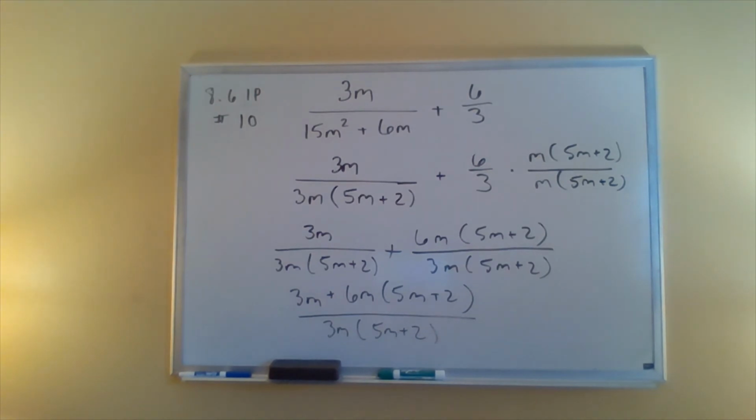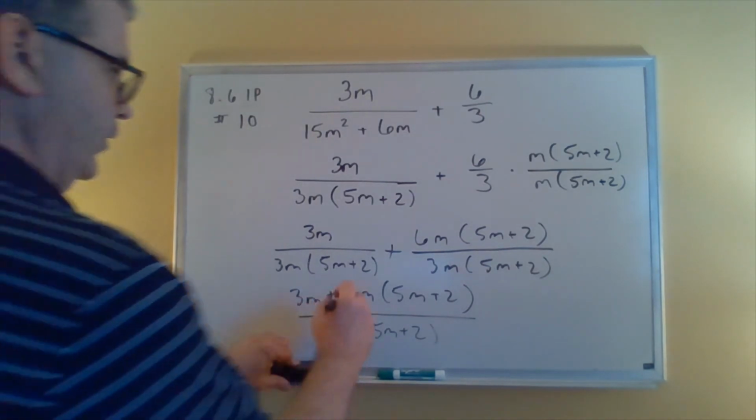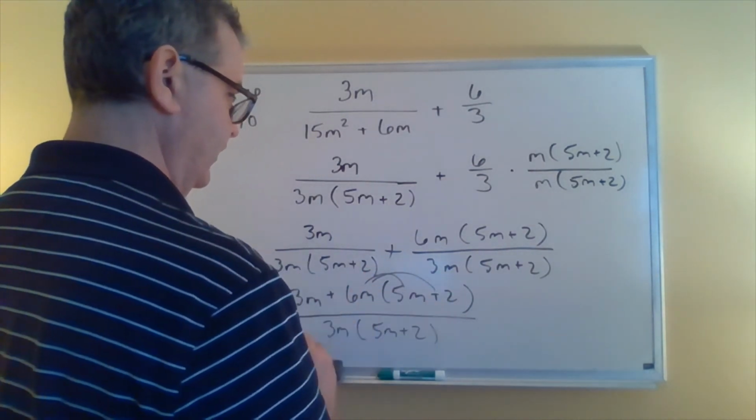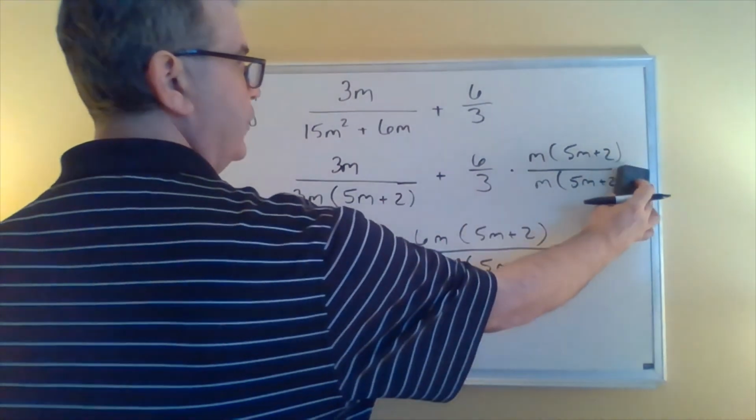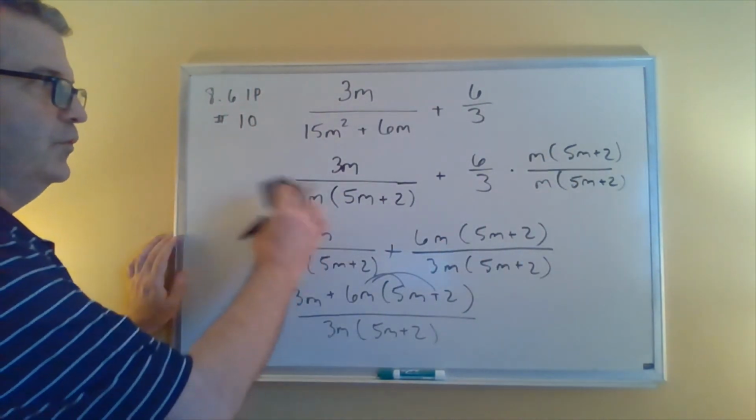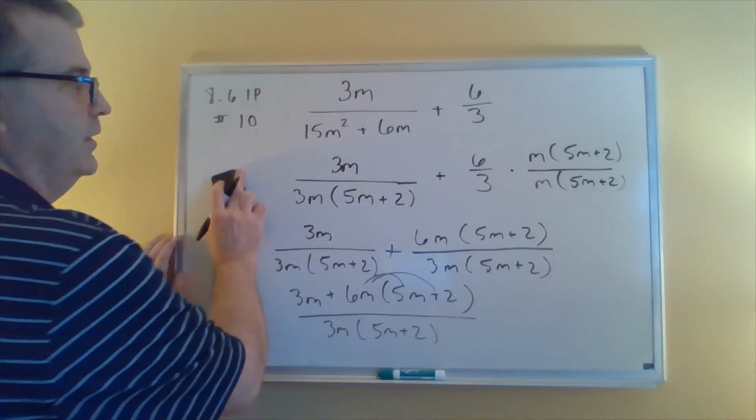I can't see anything I can factor out immediately, so I'm going to distribute this 6m through and see if I can't simplify that. I'm going to do that by moving up top, so make sure you pause and rewrite this in your notes if you need to.